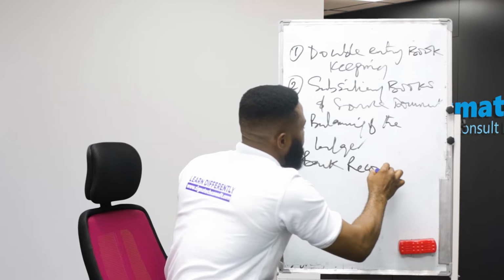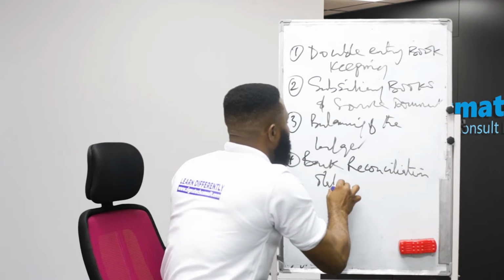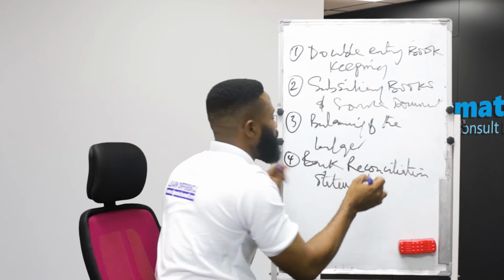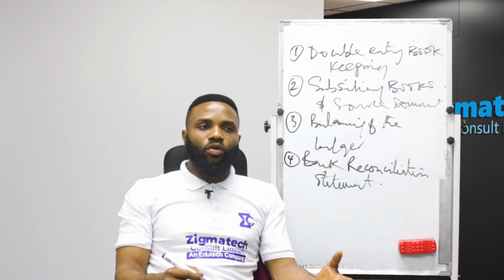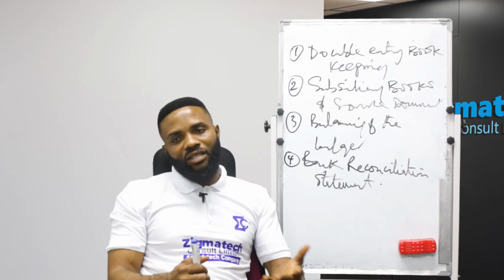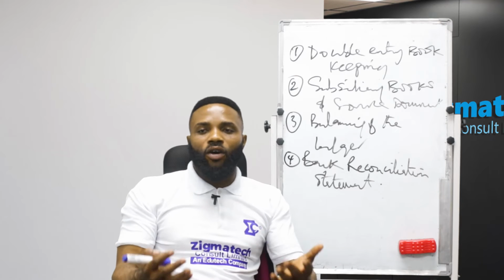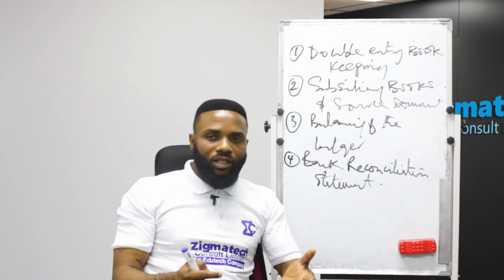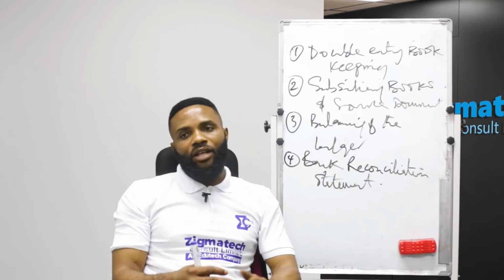Under this bank reconciliation statement, students should understand the reasons why the cash book may not agree with the bank statement. Some of them are the unpresented cheque, the uncredited cheque, credit transfer, and then we have standing order, and so on and so forth.